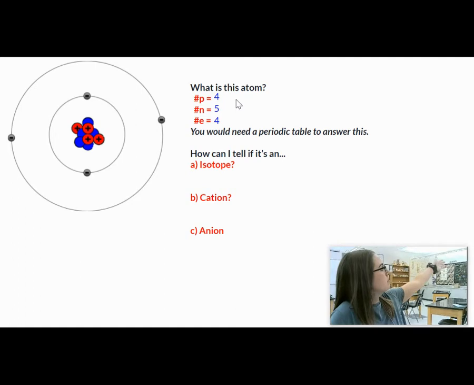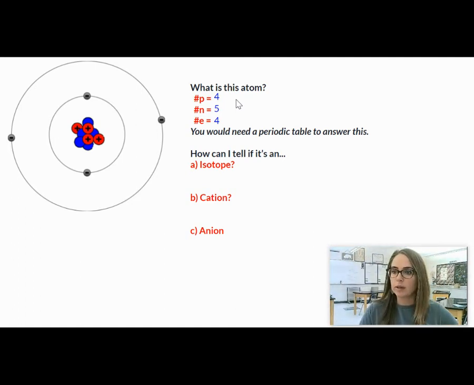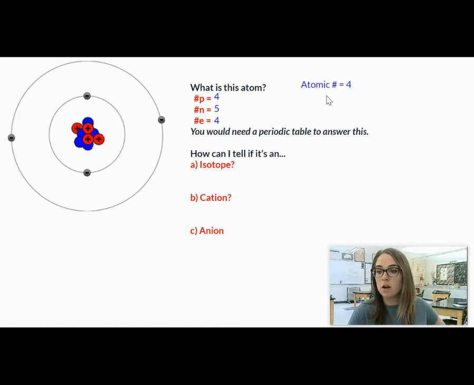When I look at my periodic table, I'm looking for the number 4, and that turns out to be beryllium. So the atomic number is 4. I can also check to see, is this an isotope or not? Here's this question down here. How can I tell if it's an isotope? I would also need the periodic table to answer that question for certainty.